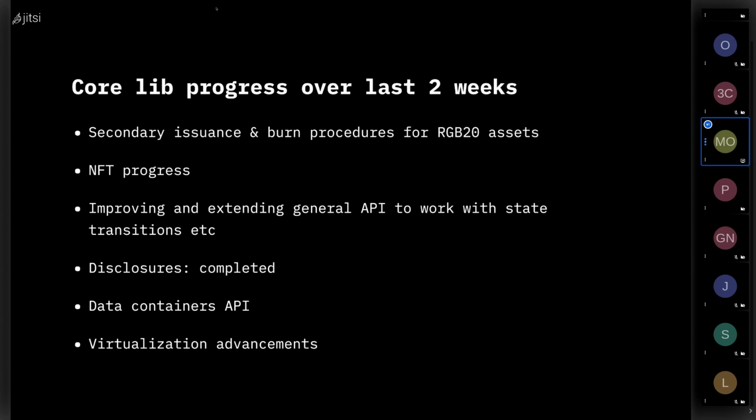Also, at the same time, we were using this opportunity because there is a lot of shared code to work on the implementation of non-fungible assets, and actually not a single type of non-fungible assets, but a set of types of non-fungible assets suited for game industry, digital art, for identity purposes, for reputation purposes, and for decentralized name management, and so on and so forth.